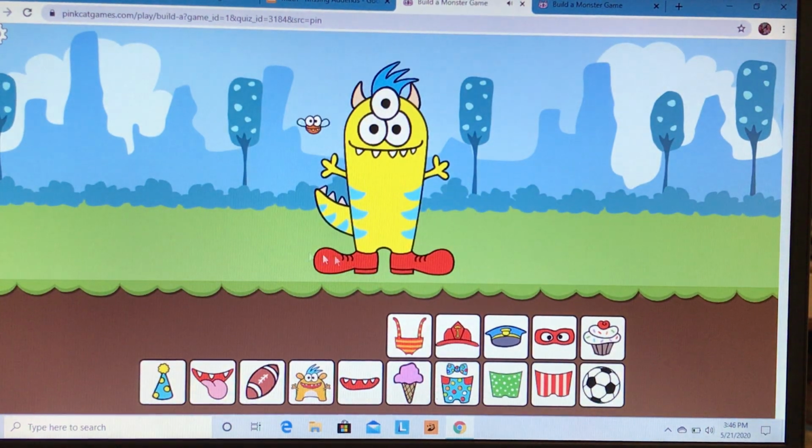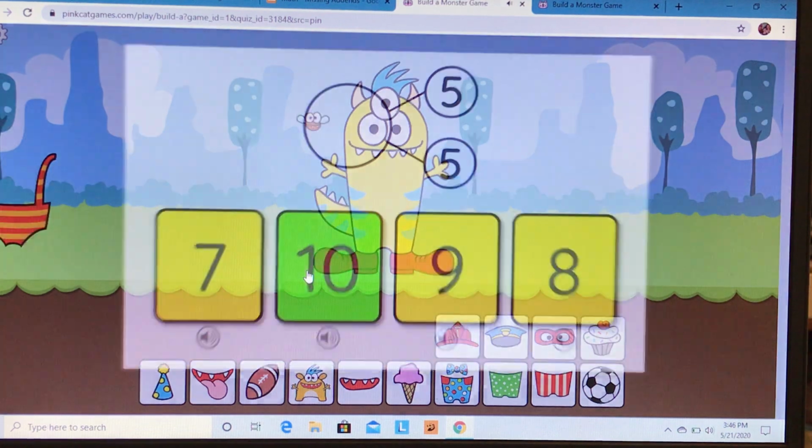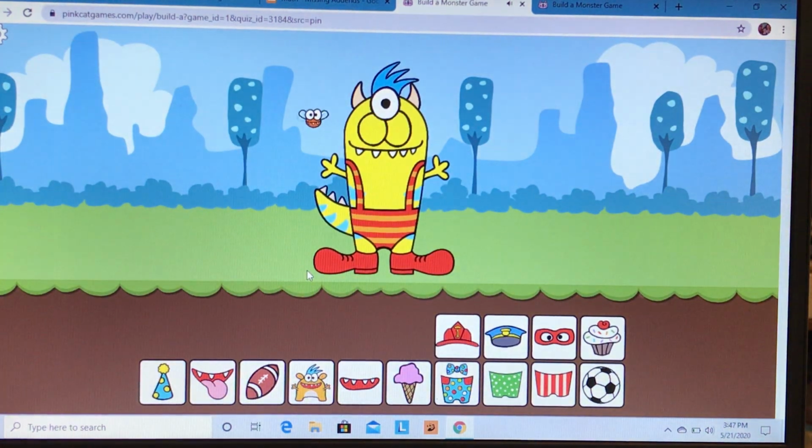All right, let's add some clothes now. Here we have 5 and 5. When we put that together, what will it make? The answer is 10. All right, let's add a hat.